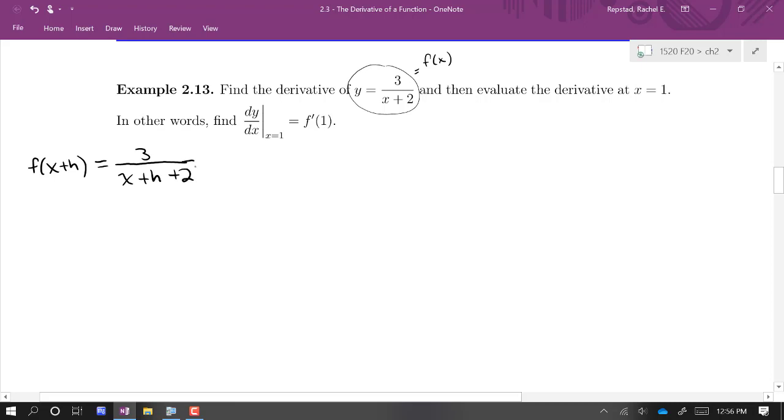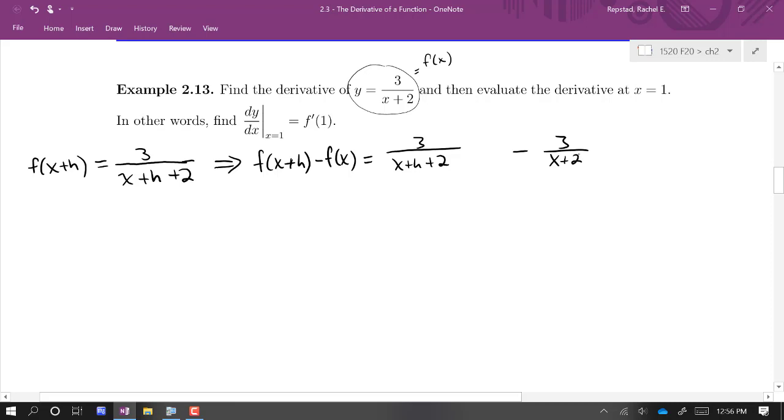Instead of x plus 2 in the bottom, it's x plus h plus 2. Now, let's find f of x plus h minus f of x. So this will be 3 over x plus h plus 2 minus 3 over x plus 2.